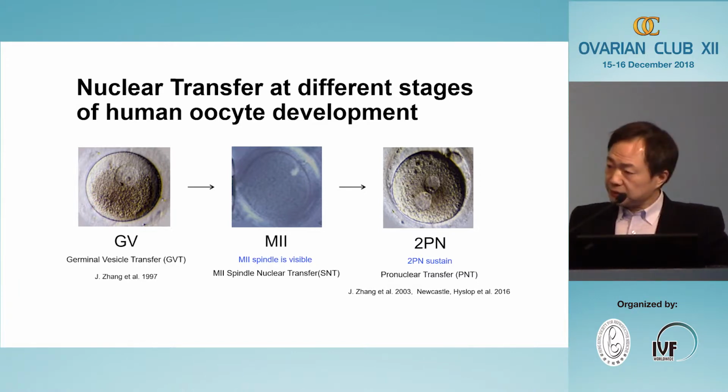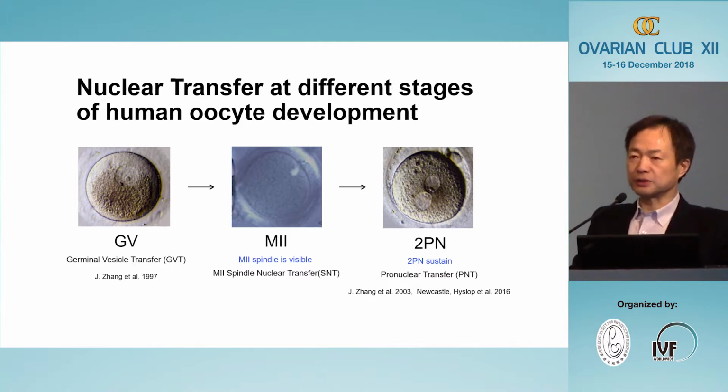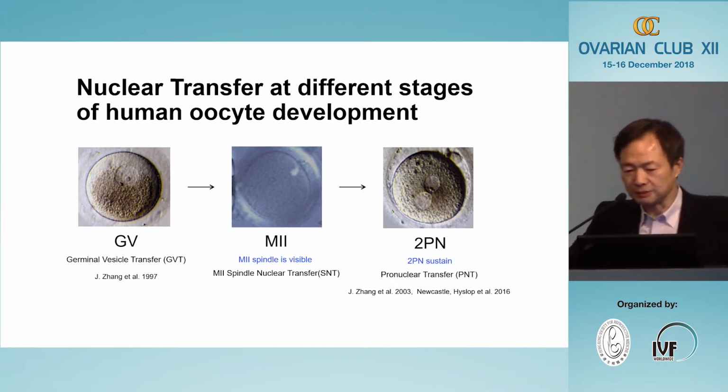We can also use pronuclear transfer, which we studied in 2003, actually not so far from Hong Kong. Our pioneer clinical work was performed in Shenzhen, which is about an hour away from Hong Kong.